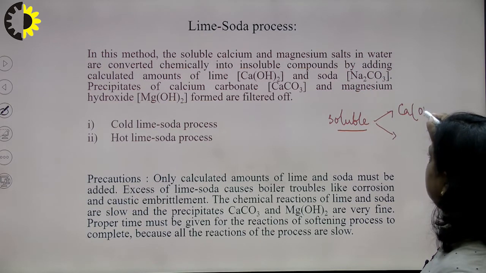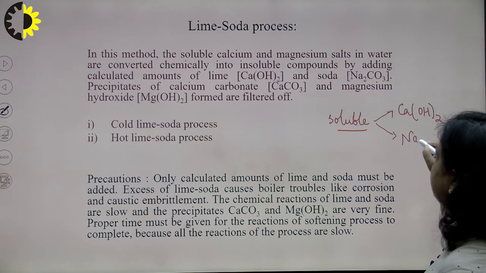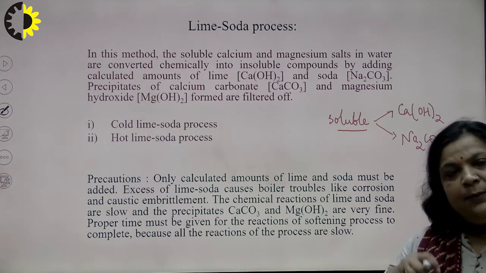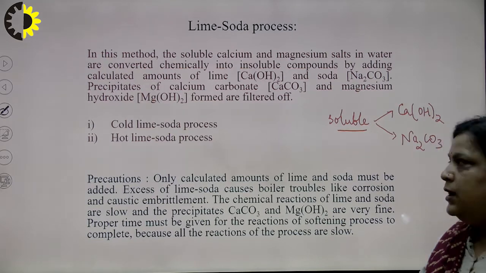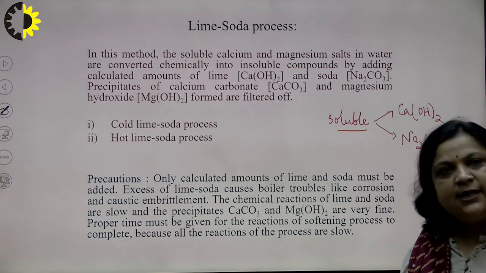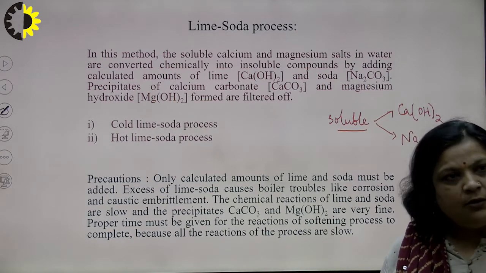Lime is Ca(OH)2 and soda is sodium carbonate, that is Na2CO3. The precipitates of calcium carbonate and magnesium hydroxide are formed, which can be easily filtered off.